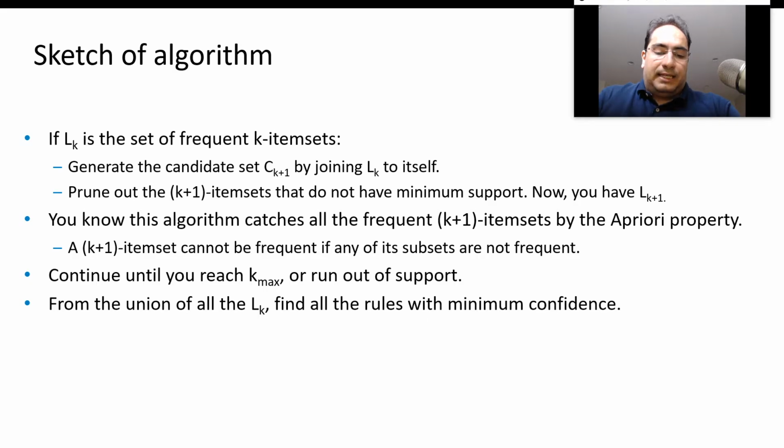So now let's talk about the actual algorithm that goes from the data set to the rules. This is the Apriori algorithm from the start to the end. We start by defining Lk, which is the set of frequent k item sets. k starts from 1, so L1 is the set of frequent 1 item sets.